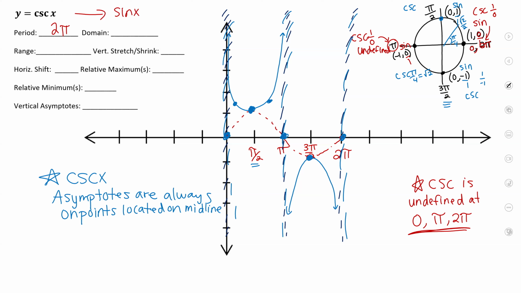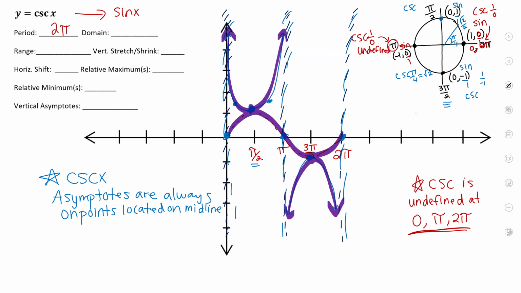Okay? Your graph for cosecant, this was a maximum for sine, and this was a minimum for sine. So cosecant is always drawn on the maximum and minimums. So I'll write that down.